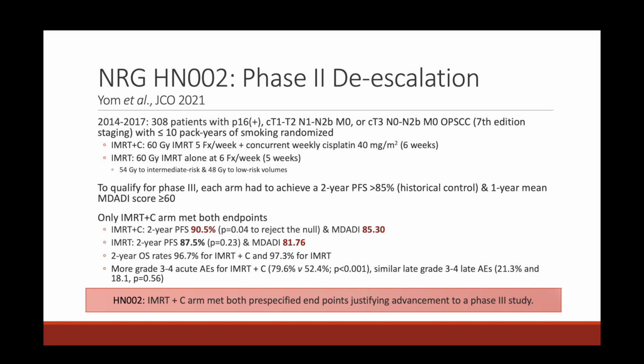It had a PFS of 91%. The IMRT alone arm had a PFS of 88%, and it was not statistically significantly improved from the historical control. And so therefore, the IMRT plus cisplatin arm met both of the pre-specified endpoints, and this justified advancement of that arm onto a phase 3 study.